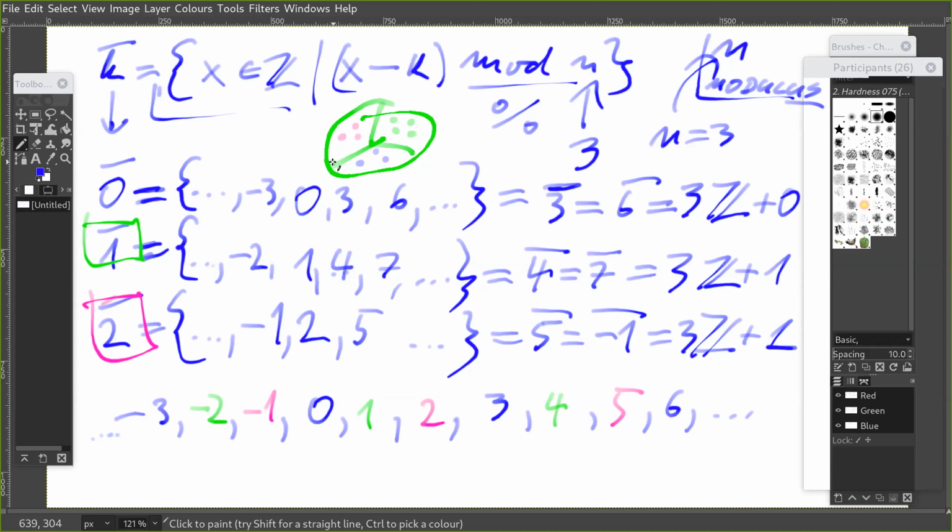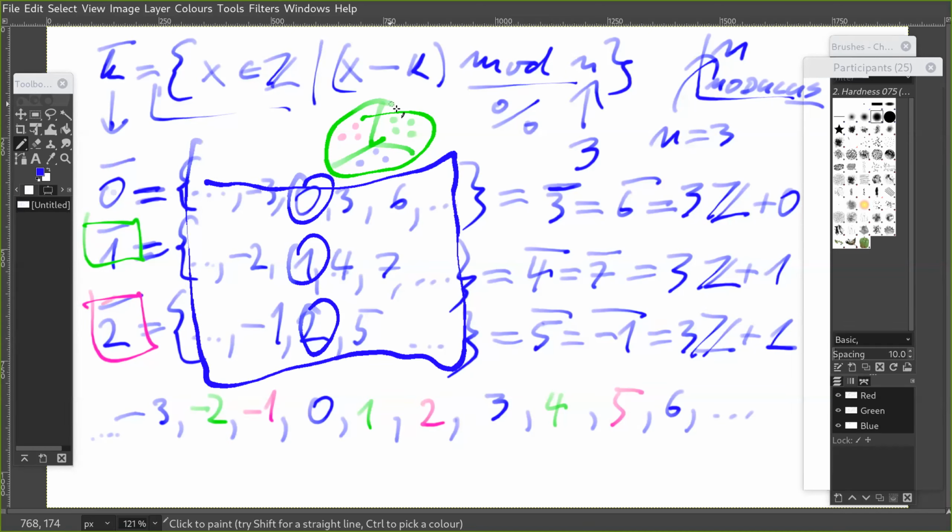And also, if you look at the subsets, they are non-empty. So for example, if you take 0, 1, and 2, 0 is here, 1 is here, 2 is here. These are all the subsets, and they're all non-empty, so they have at least one element. And if you combine all these numbers, then you get back the entire set of integers.